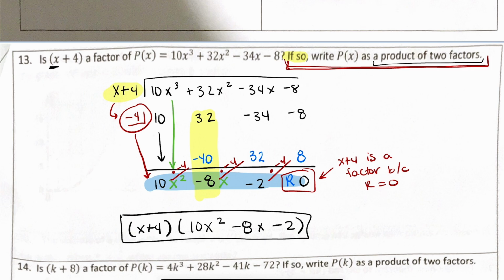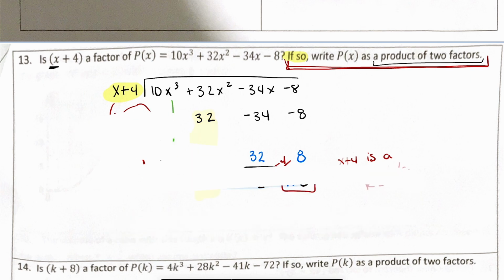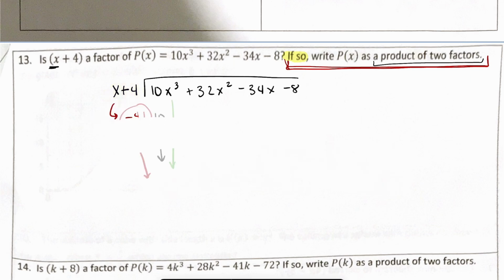Now I'm going to show you the second way to do it, which is long division. So let's start over. In long division, you don't have to change the sign of our divisor.